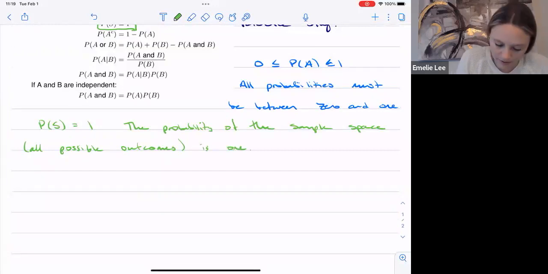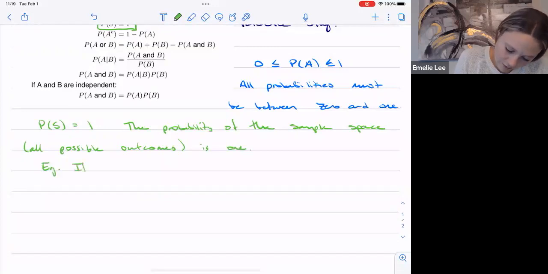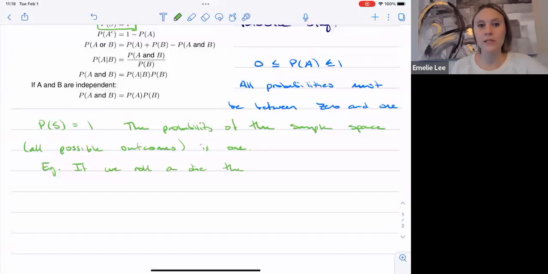For example, if we roll a die, the probability of one of the 6 sides showing up is 1 or 100%, right?